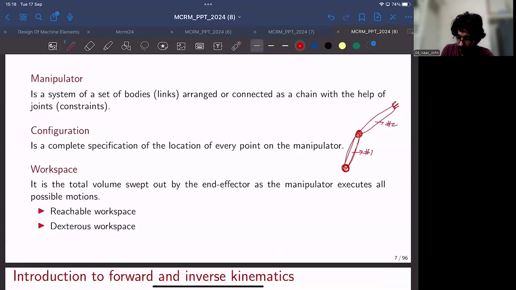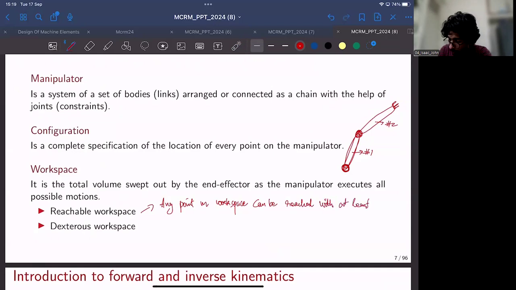In the reachable workspace, any point in the workspace can be reached with at least one orientation.